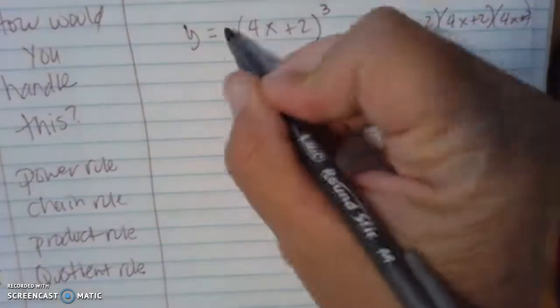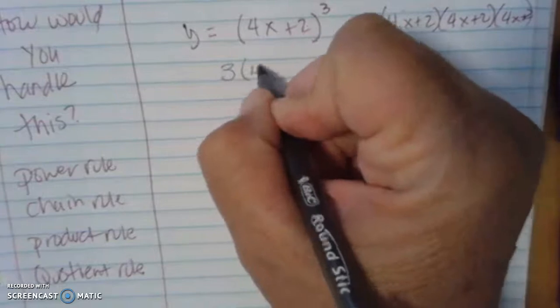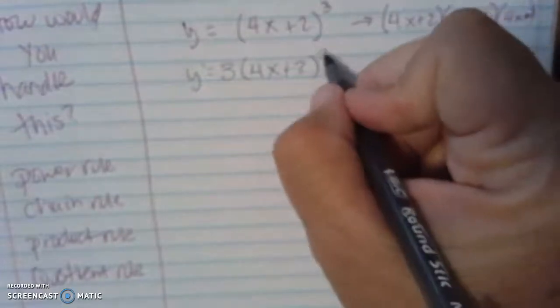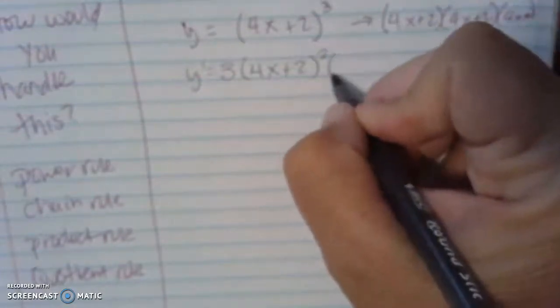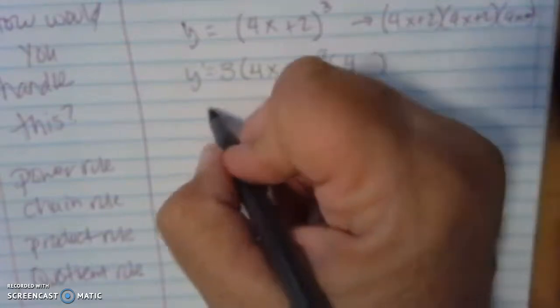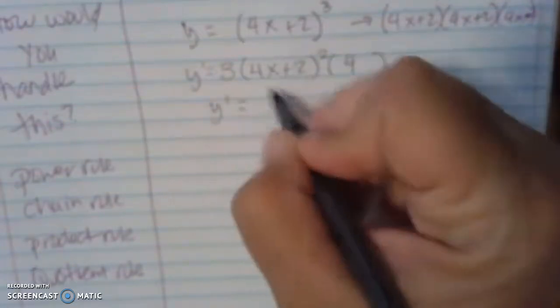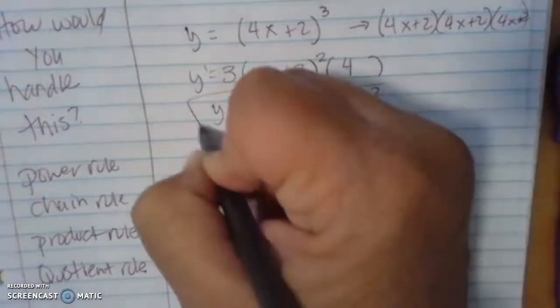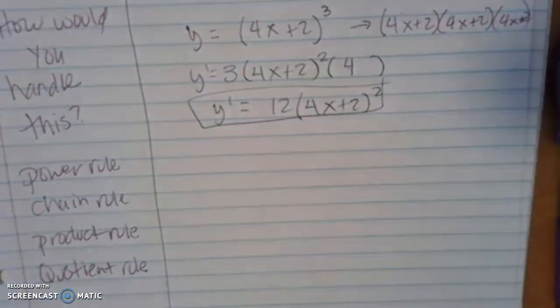I'm going to take this 3 and move it in front: 3 times 4x plus 2 to the power of 2, this is my y prime, or my derivative. Now I have to take the derivative of the inside. The derivative of the inside is 4. So when I simplify, y prime equals 4 times 3, which is 12, times 4x plus 2 squared. There we go.